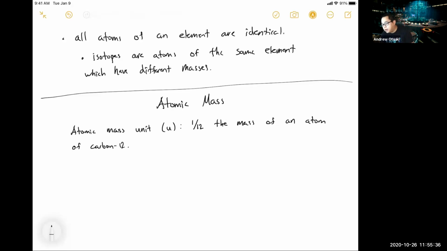We say that because we need a baseline to measure this atomic mass unit, so we use the carbon atom. So 1 u equals 1/12 the mass of one carbon-12 atom. So that is really small, because the masses of atoms are really, really small.